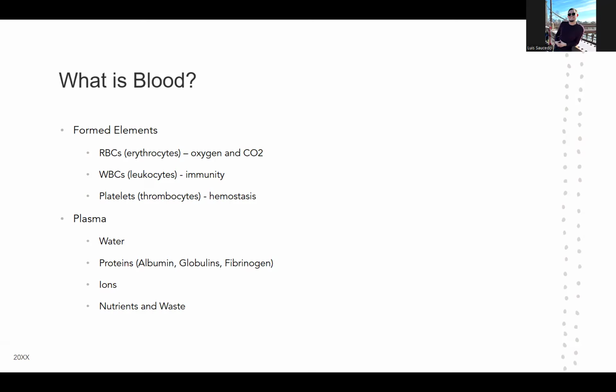And then the plasma is made up of a combination of water, proteins like albumin, ions, and other nutrients and waste. You can also donate plasma as well, but all of these things together form what we call blood.